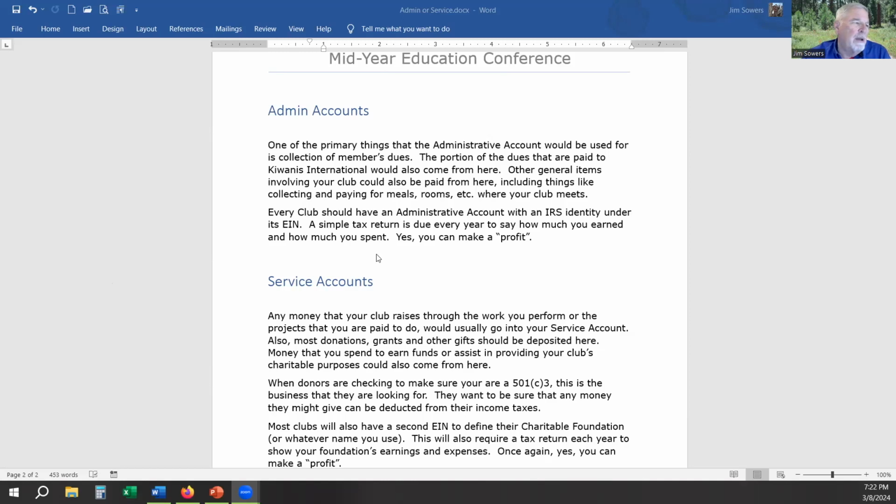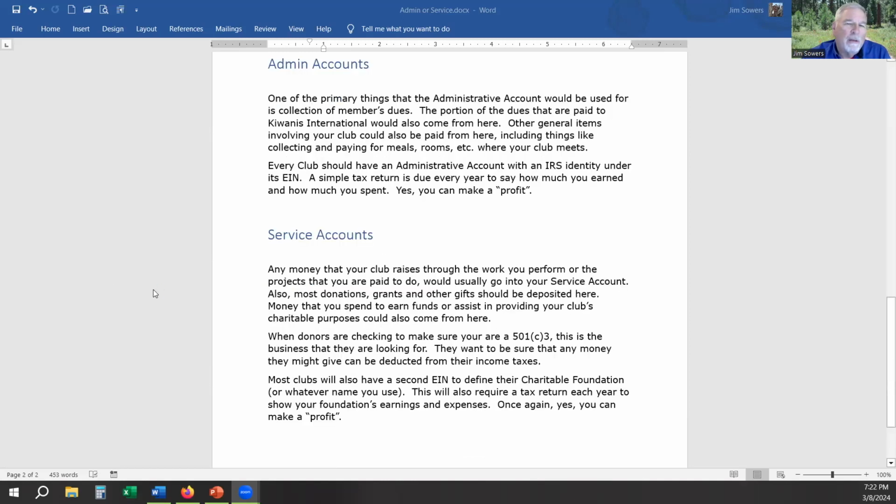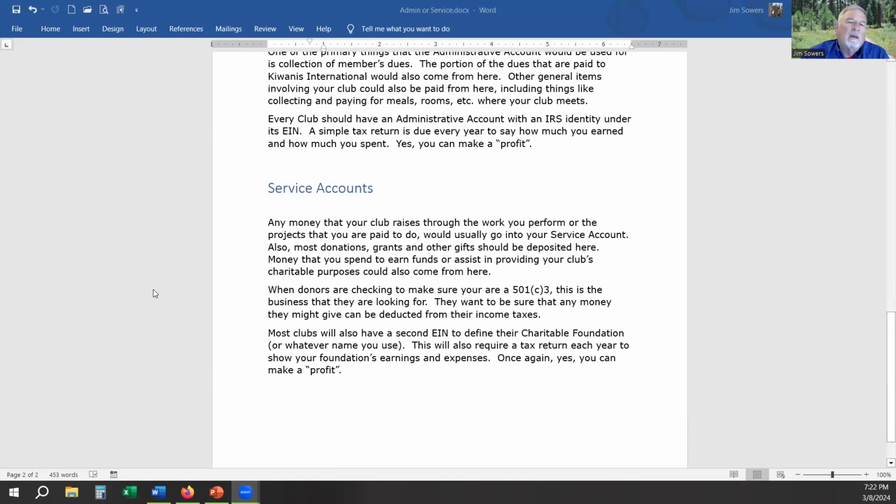The service accounts, the foundation side, will do a whole lot more. Any money that you have coming in on the work that you're performing or the projects that you're doing out in the community should probably be coming into and out of the service accounts.